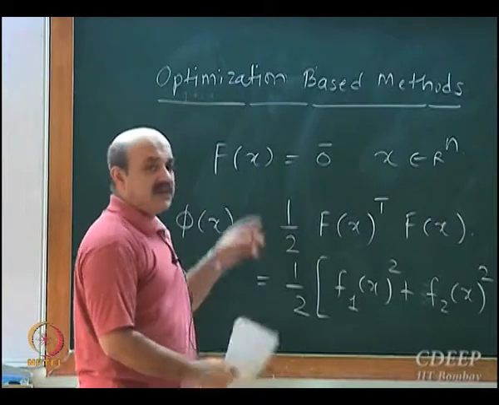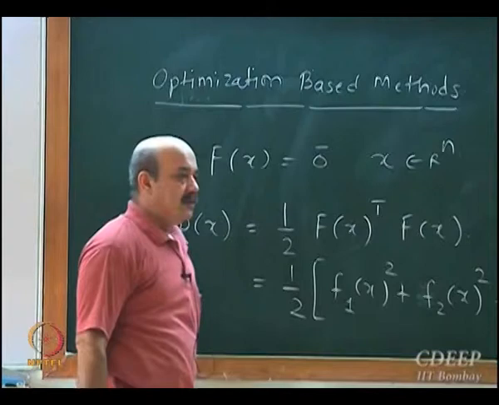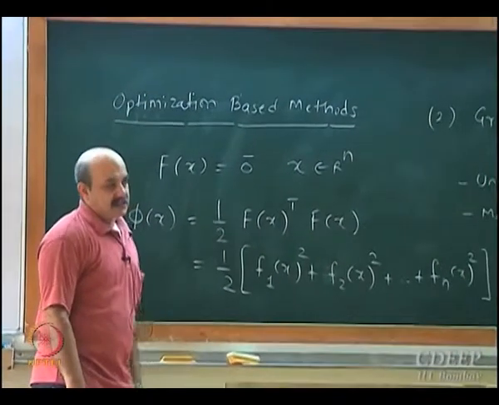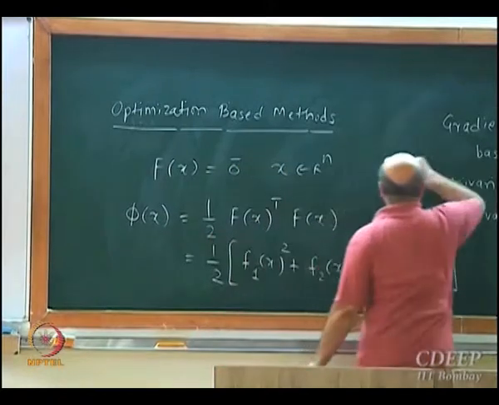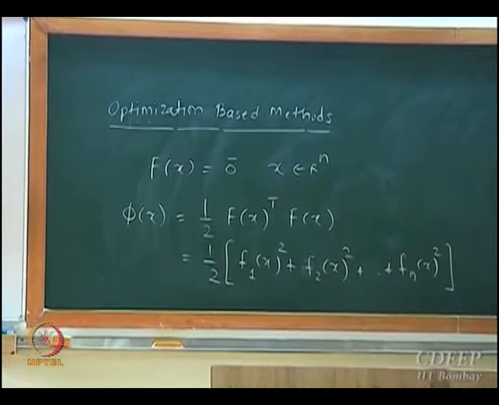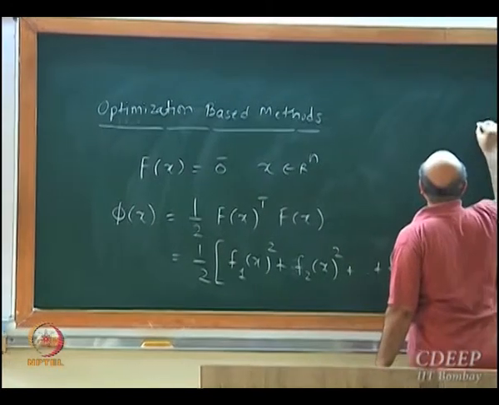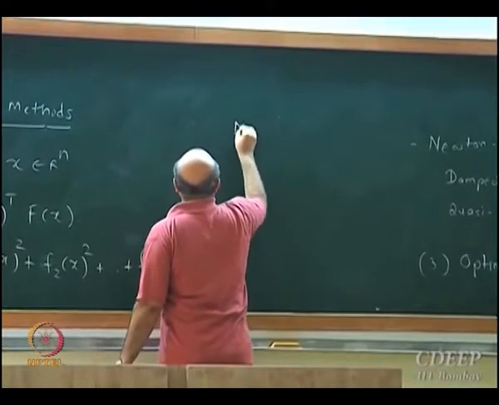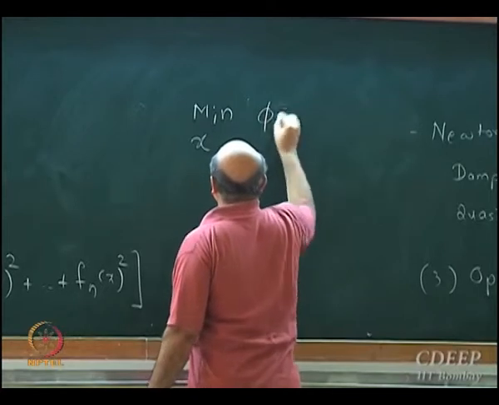So I have this function vector f which has components f1 to fn. We want to minimize this with respect to x. So we solve the problem as: minimize with respect to x phi of x.